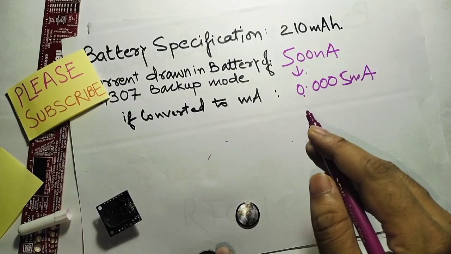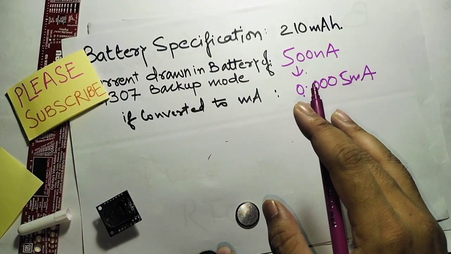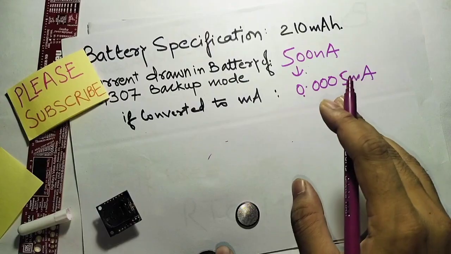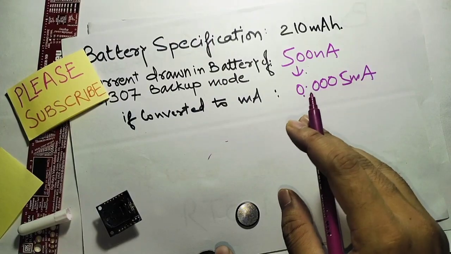Now our second step is to calculate the battery life. There is a formula which is the most important formula. Without this formula, we are not going to get the battery life of this battery.